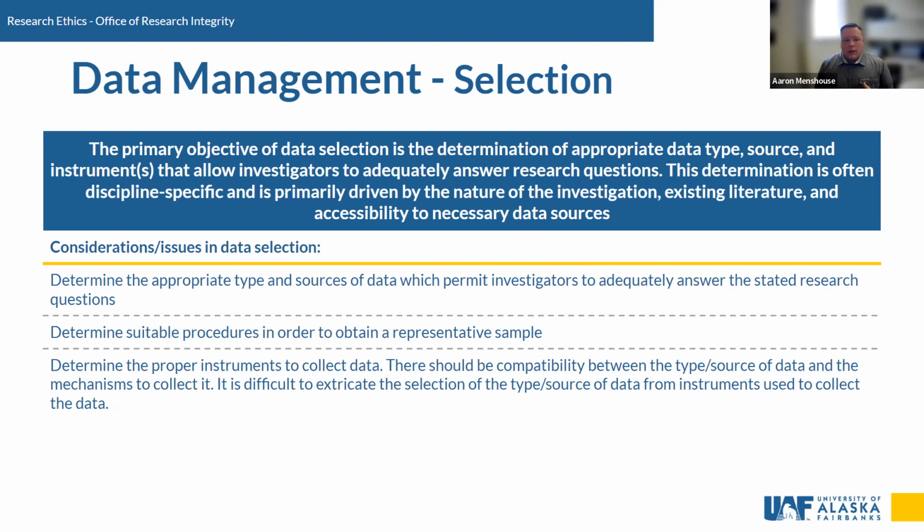So using different sampling methods or different kinds of procedures to select our data is important. And then again, using the proper instrument to collect that data. We want something that is reliable and has been validated to be used in this data collection.